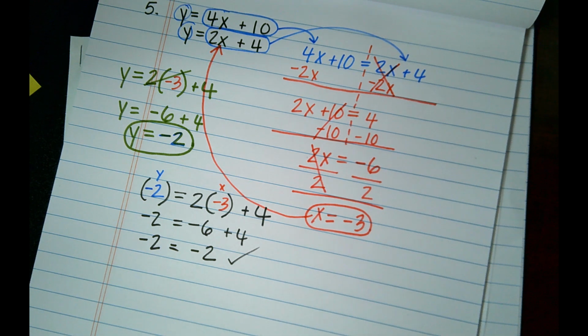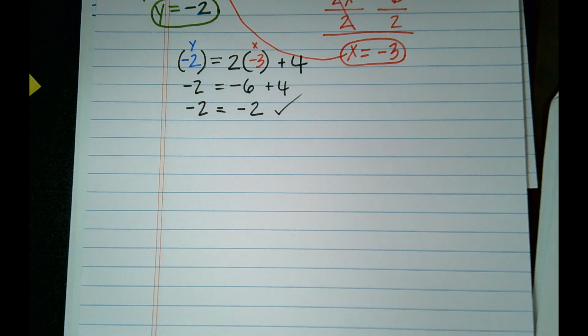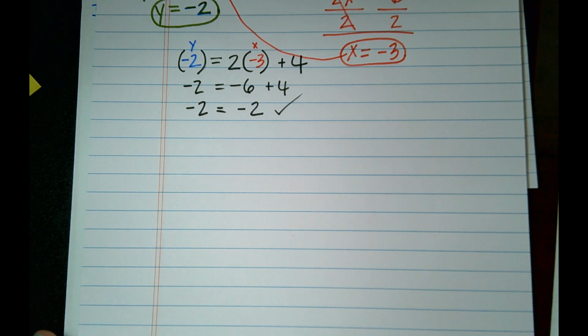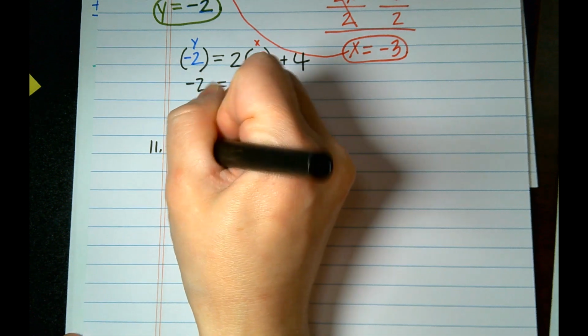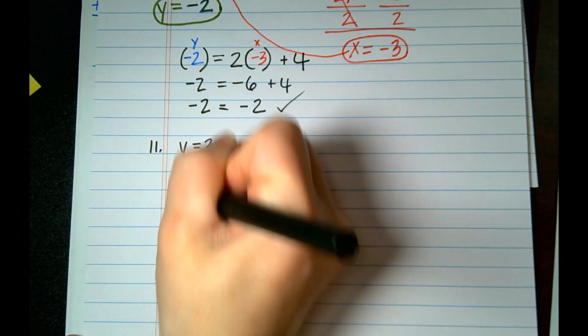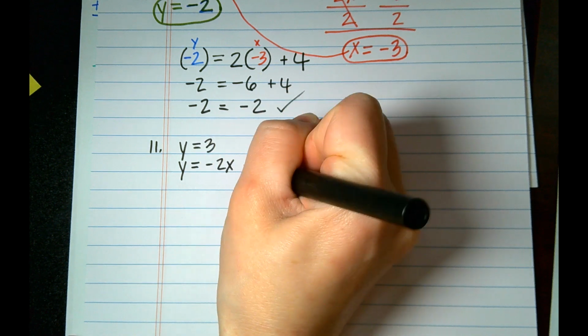Let's look at number 11. I have y equals 3 and y equals negative 2x plus 1.